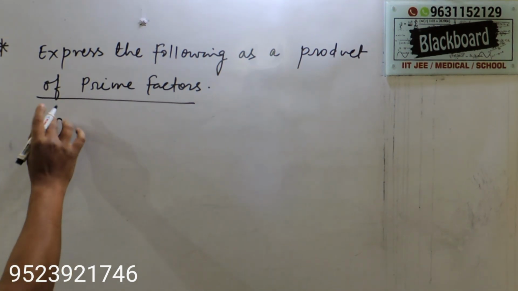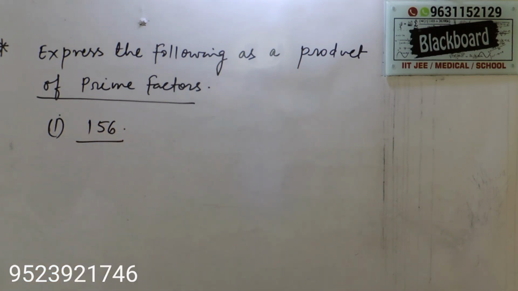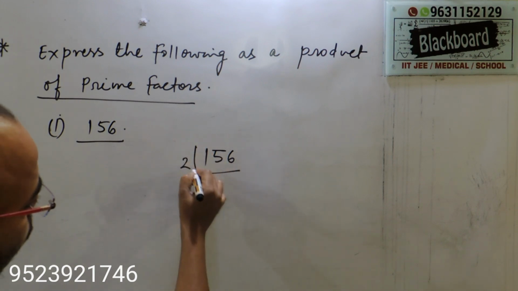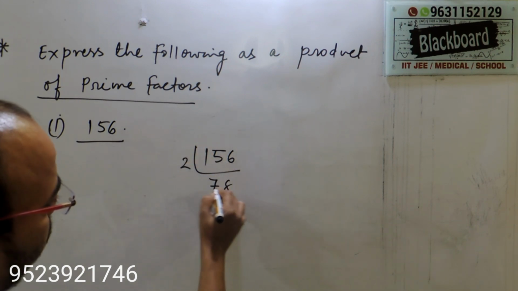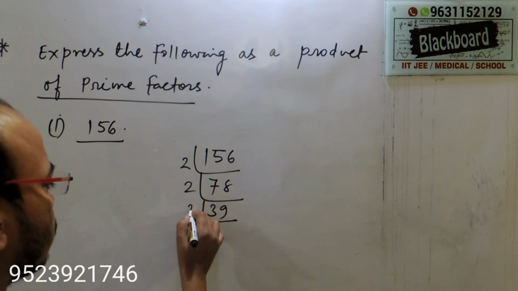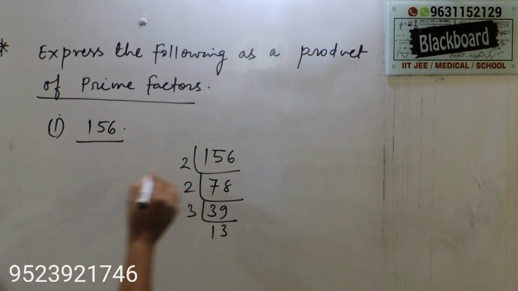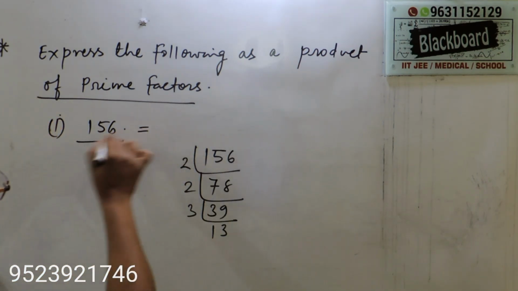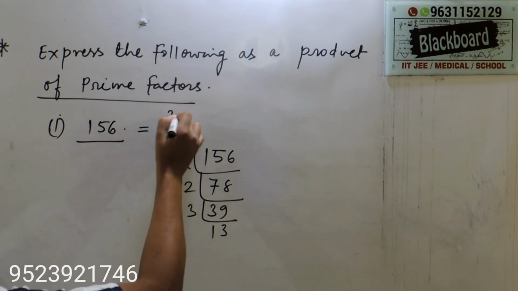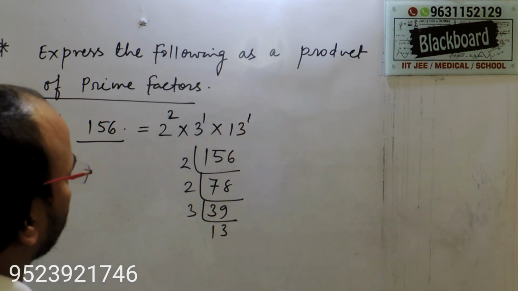For example, if your number is 156, that means you can factorize 156 here. This is 2, this is 7, and 2, 3, and this is 9, this is 3, 1, and this is 3. Now you can write 156 is equal to 2 to the power 2 into 3 to the power 1 into 13 to the power 1.